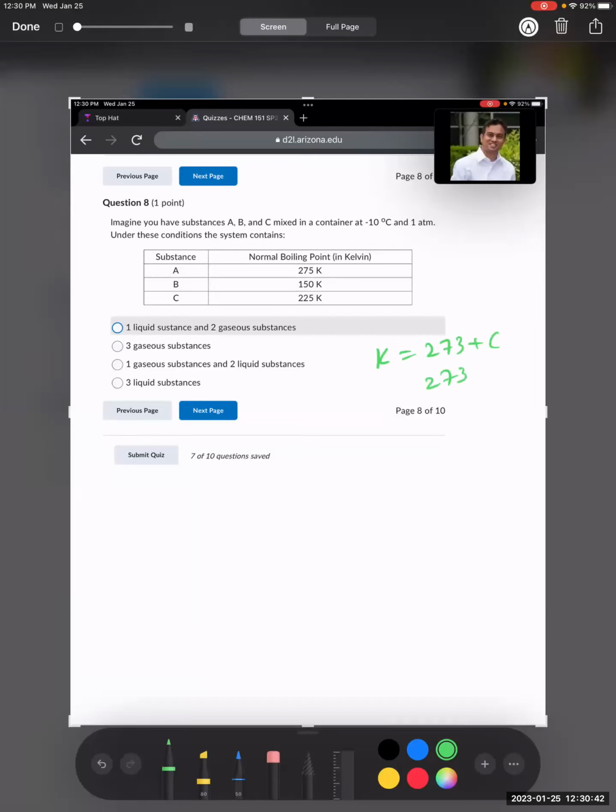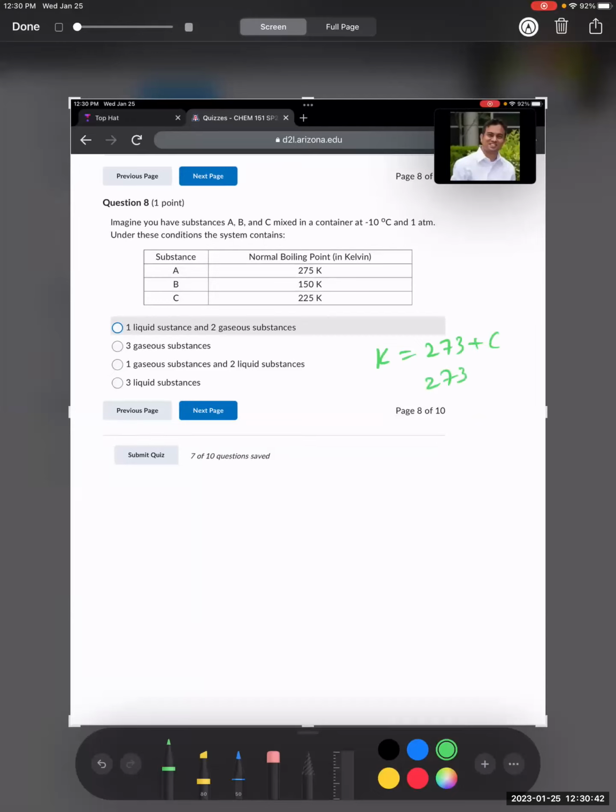Under these conditions, we are below the boiling temperature of A. Therefore, A should be in the liquid phase. We are above the boiling temperature of C, therefore C should be in the gas phase, and B also should be in the gas phase because we are above the boiling temperature of B. So we have two gases and one liquid. So it should be option 1.